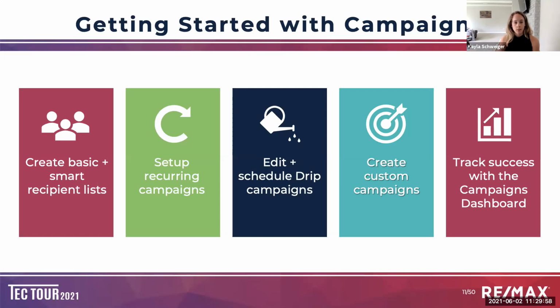Once you start editing those, the next step up, I would say, is to create a custom drip campaign or any custom campaign really to provide that value that you have to offer. Last but not least, you'll start tracking and measuring the success of your campaigns to ensure that they are completing whatever you wish for them to accomplish, right? And making sure that it's relevant information.